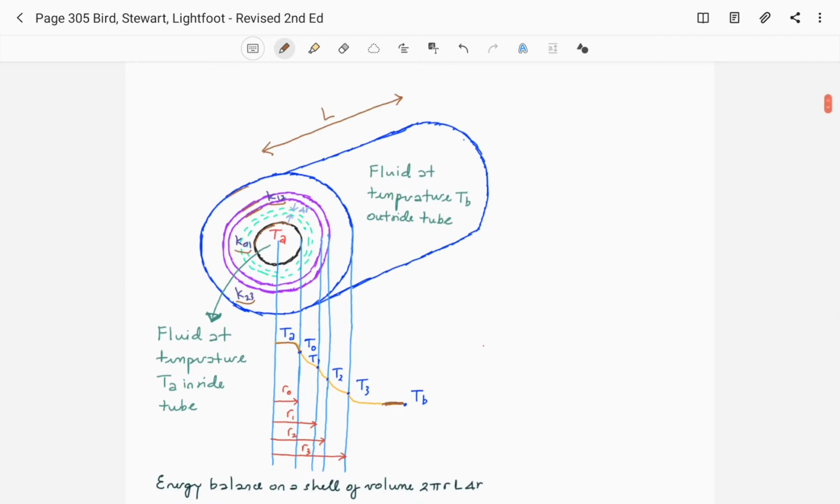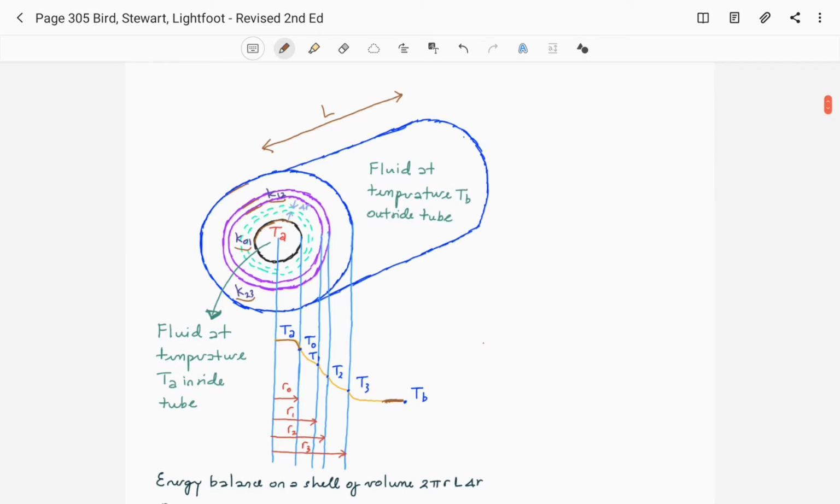So then we can make a shell element on the first region, for example, in here.